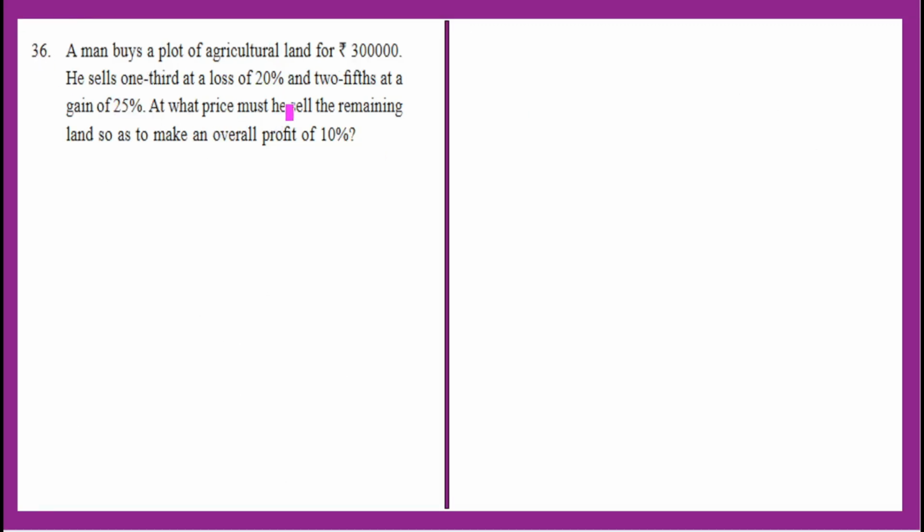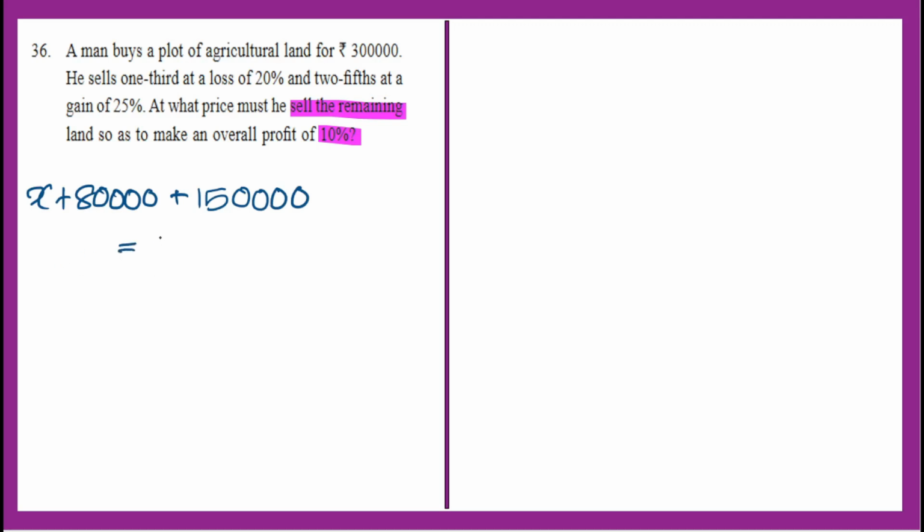Now we have to calculate the selling price of remaining land so as to make an overall profit of 10%. Now let X be the selling price of the remaining land. Then the total selling price of the land equals X plus 80,000 plus 1,50,000. This equals an overall profit of 10%.